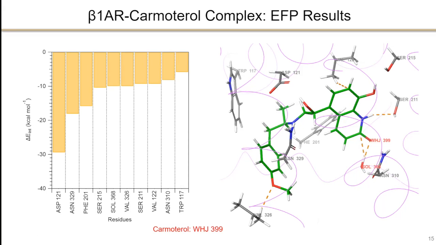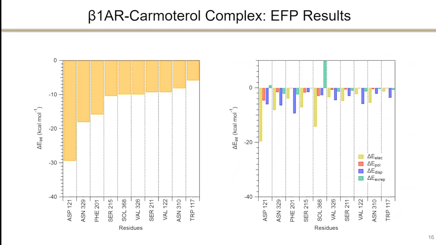Now I want to show you the composition of energies that we also get from these pairwise interaction energies. Here we can decompose the interaction energies into electrostatic, polarization, dispersion, and exchange repulsion.